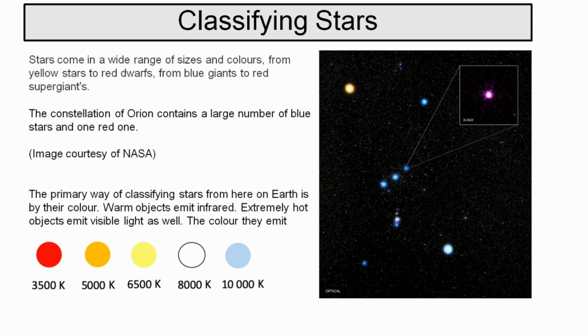So if they're blue, they're very hot, and if they're yellow or red, then the temperature is much lower. So you can see here the difference in temperature. We're using the Kelvin scale of temperature, which some of you might not have met yet, but the ones that you see here in blue are at 10,000 Kelvin, and they are extremely hot. Well, I suppose these red ones are extremely hot, but these are 3 times hotter, and you can tell that by the color.